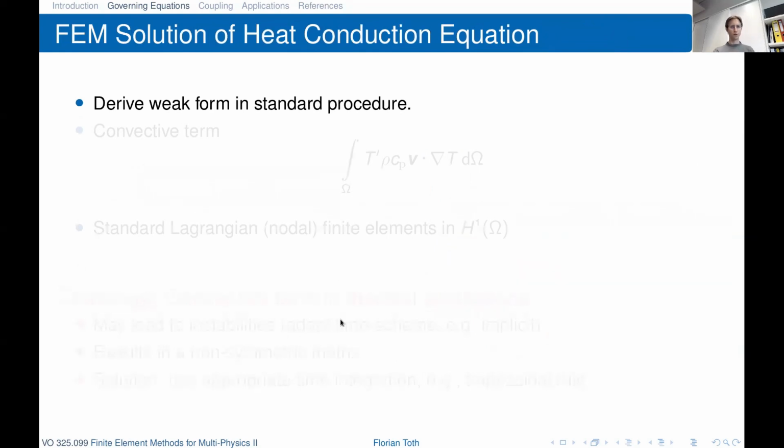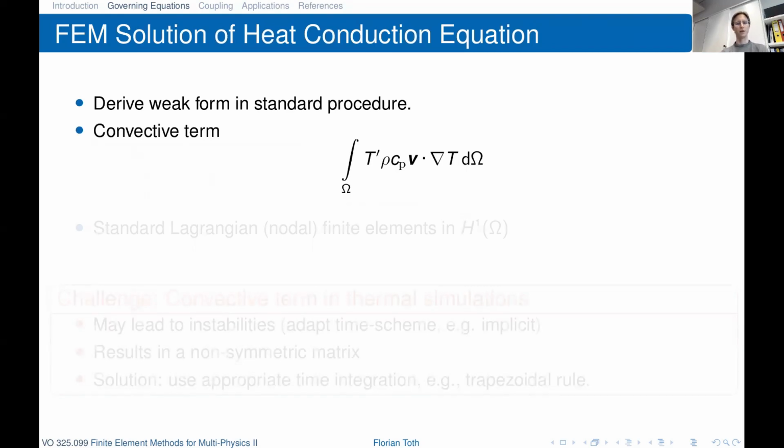So how do we solve the heat conduction equation? We can derive, with the finite element method, of course, the weak form in the standard procedure. We will obtain a new or non-standard term, so to say, which is the convective term that looks like this.